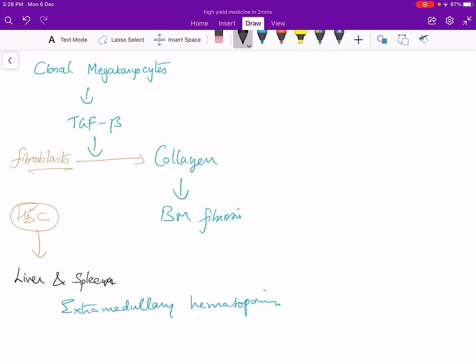And suppose you have red blood cells made in the spleen, or in a fibrotic bone marrow, the red blood cells produced in such conditions are known as dacrocytes. They are basically teardrop cells.